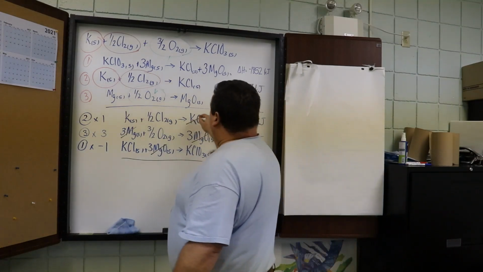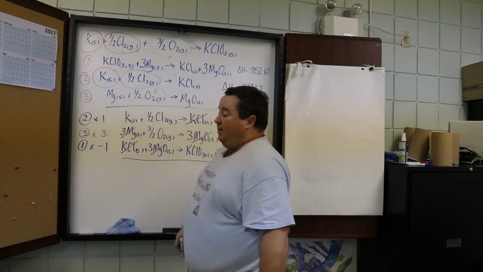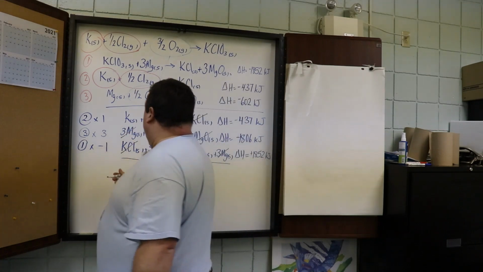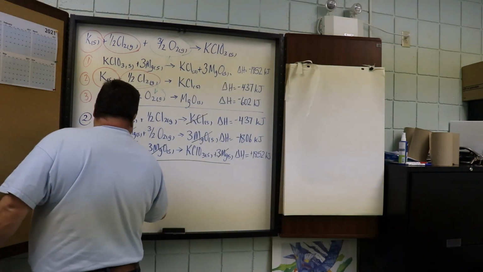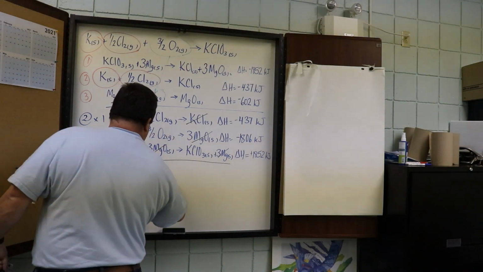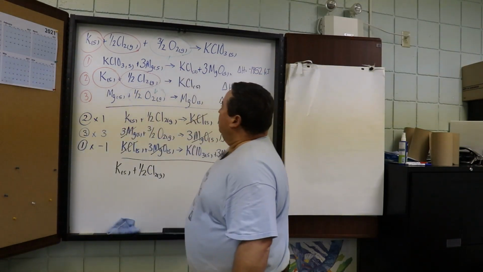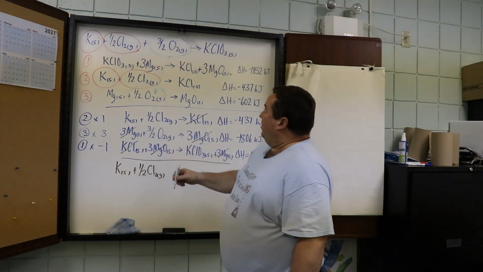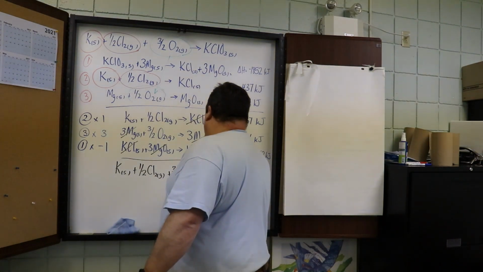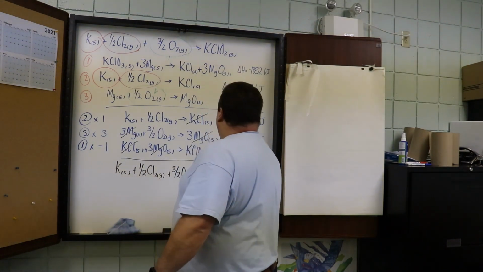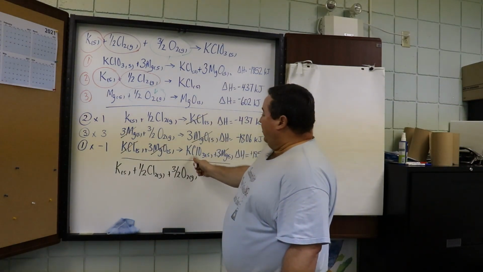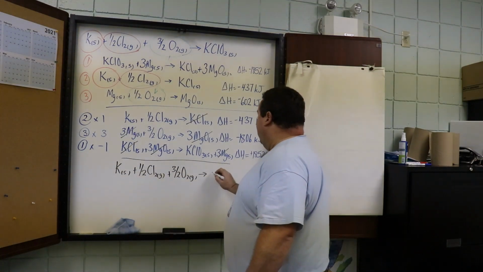And we have potassium chloride on each side, and that can cancel. So what I'm left with is the potassium from this reaction plus 1/2 Cl2 gas plus 3/2 oxygen, and it produces, the only thing left on the right side is potassium chlorate, KClO3.